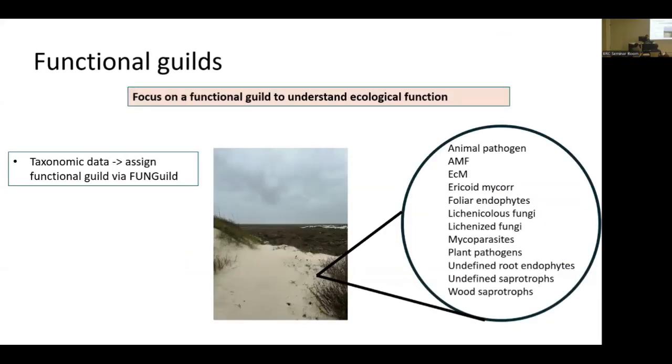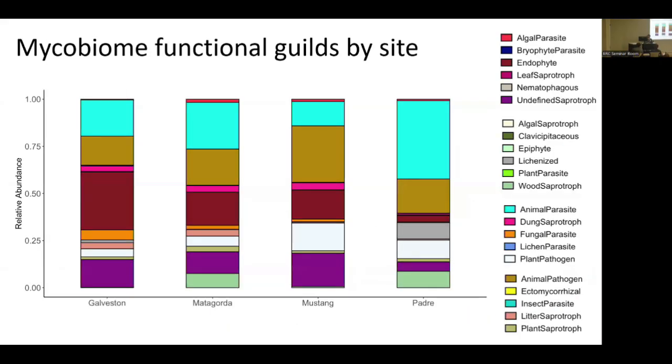So when I used FunGuild, I looked at the entire microbiome in general. So this is just the microbiome in general, and you can see the different beautiful colors represent an entire guild. And then looking across the 4 barrier islands, you can see the more color there is, the more of that specific fungal guild there is.